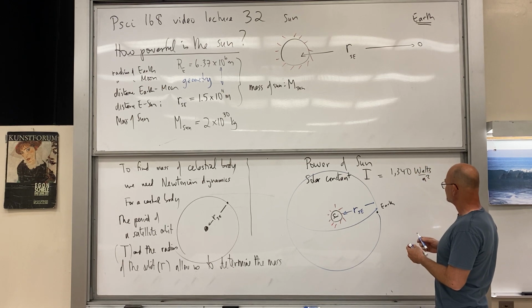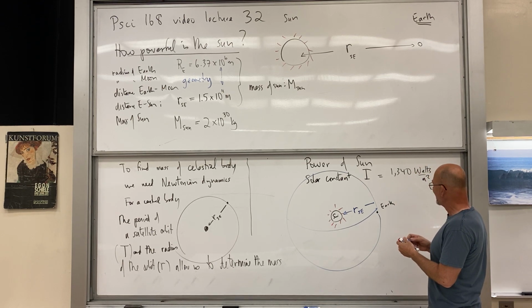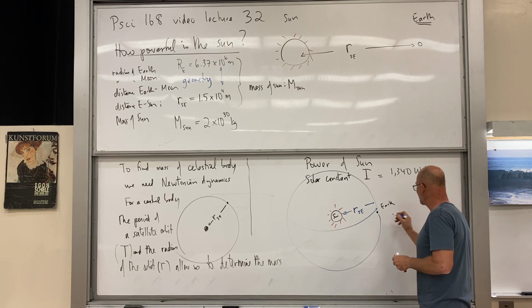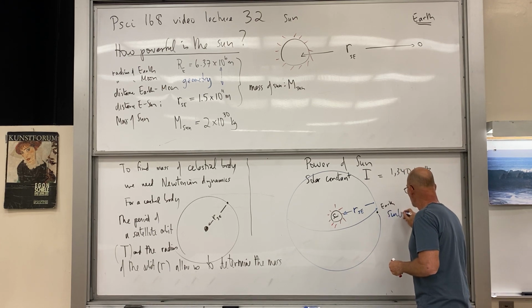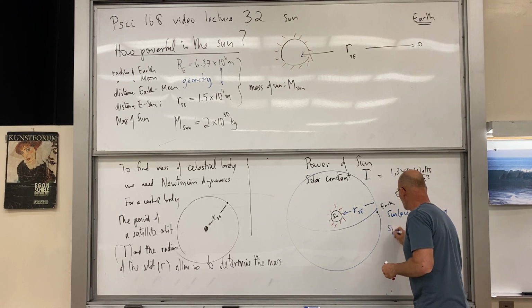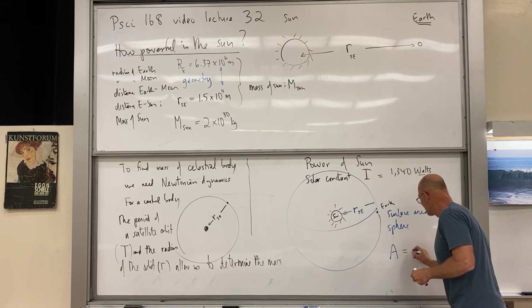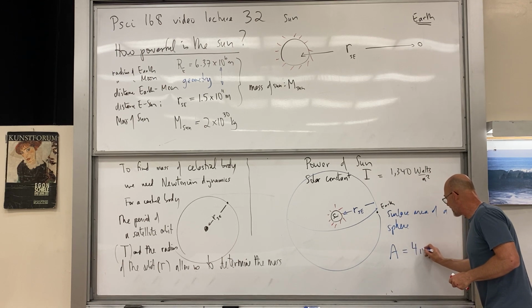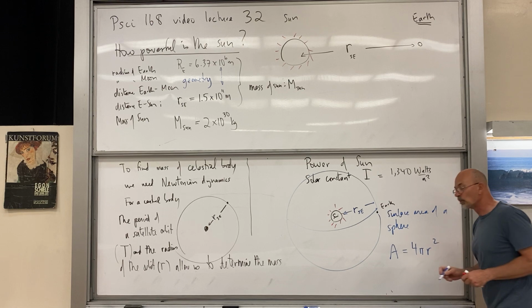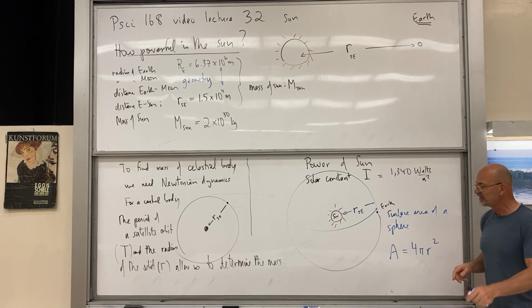Okay. So we've got the solar constant here. We have the surface area of a sphere, and I'll just call that A, 4 pi radius squared. So it's that easy to get the power.